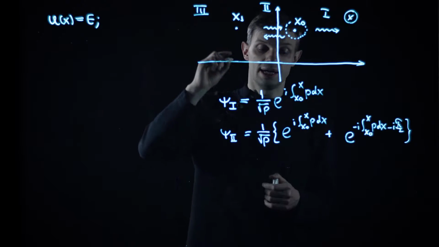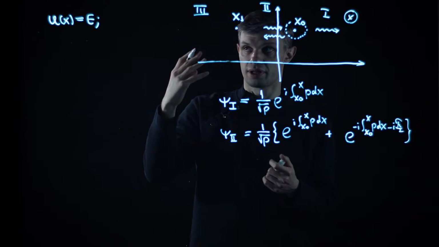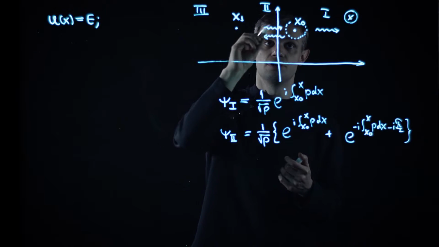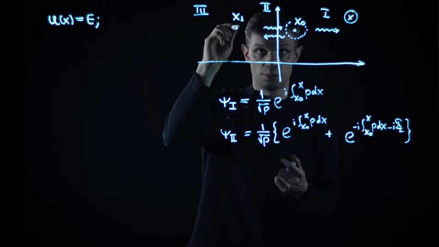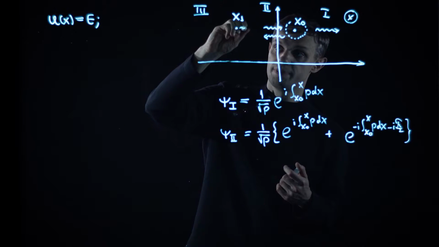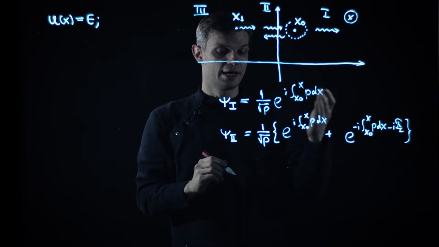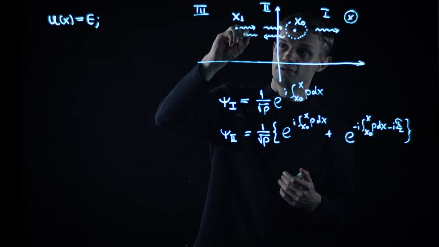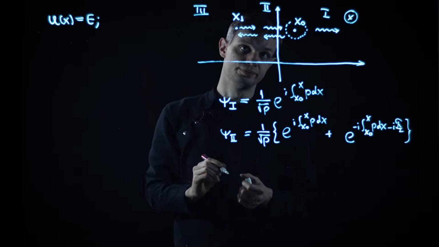Right, so now, since our consideration assumes that there is a semi-classical evolution from point x0 to point x1, we expect the same kind of behavior of the solution between these 2 points up to the vicinity of point x1.